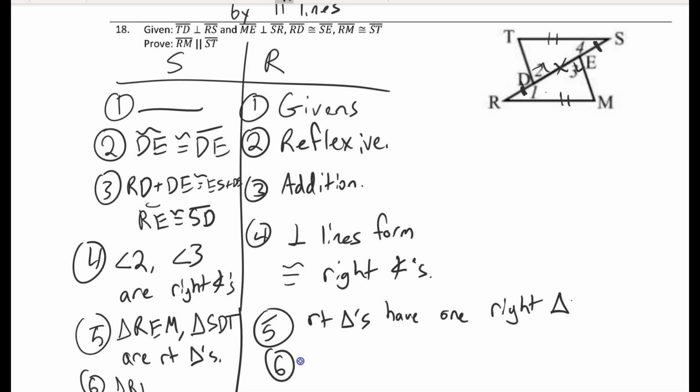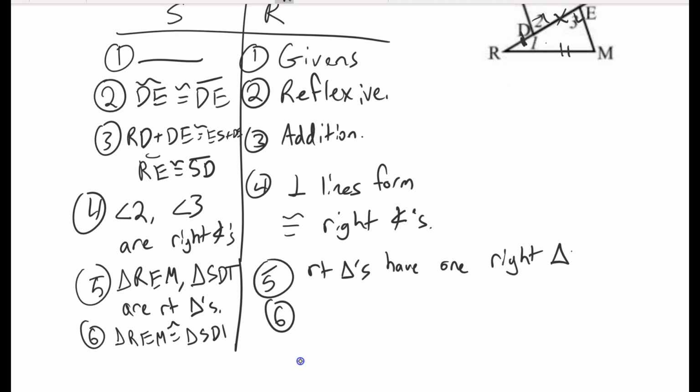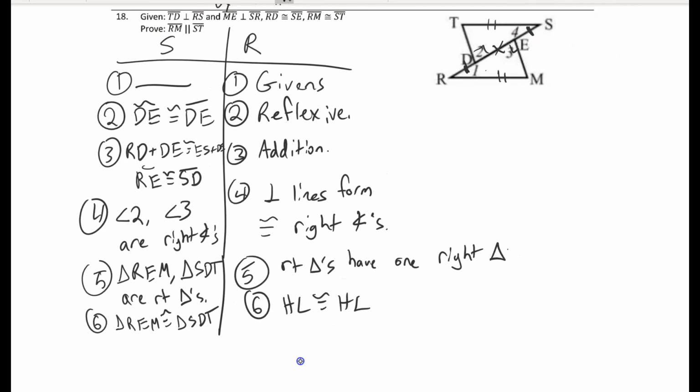So I'm going to say that triangle REM is congruent to triangle SDT by hypotenuse leg. Now, the whole logic behind that is that I've got these hypotenuses here across from the right angle, and I've got these two legs that are congruent. So those triangles must be congruent because they have a hypotenuse and a leg that are congruent, and they're both right triangles.